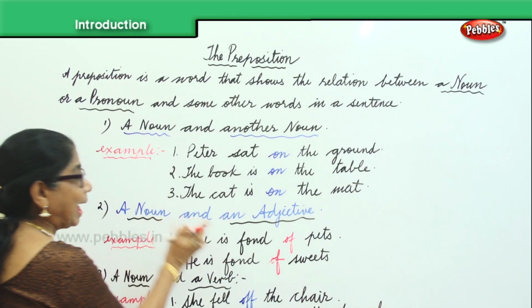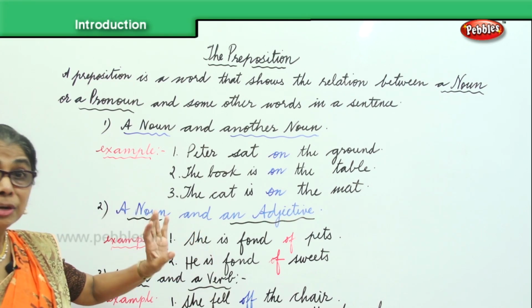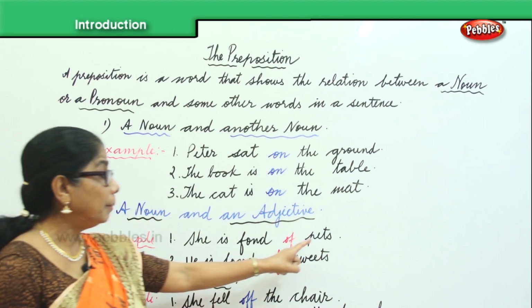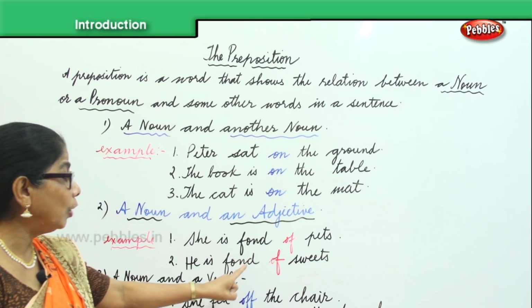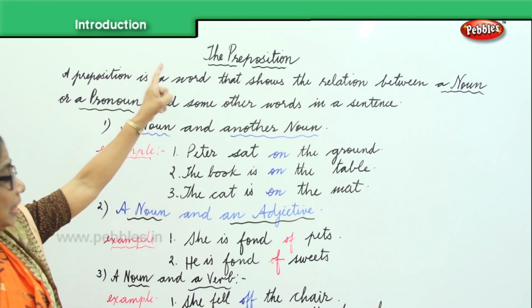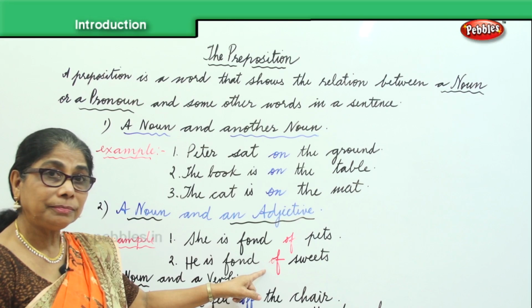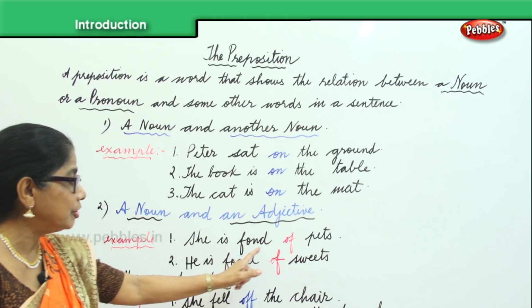A noun and an adjective. The second part shows the relation between a noun and an adjective. Pet is a noun, sweet is a noun, fond is an adjective. So in the second part, the preposition of shows the relation between a noun and an adjective.